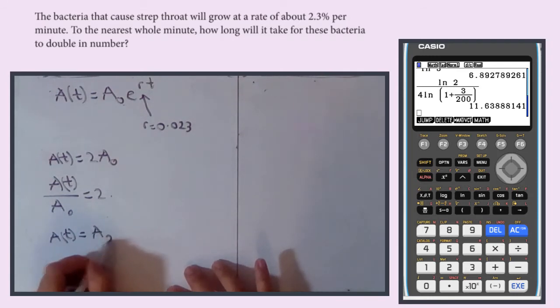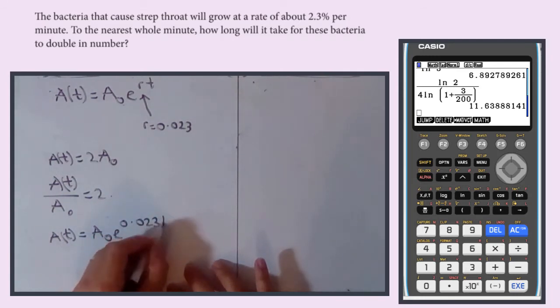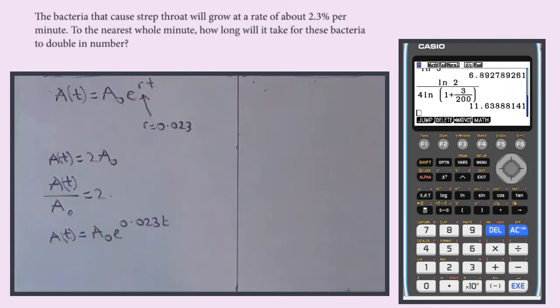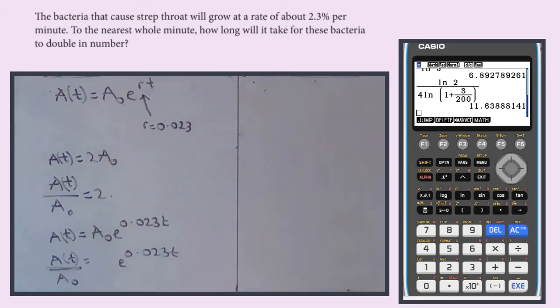So if we put everything in that we know, At equals A0 e to the 0.023t. Then if we just divide both sides by A0, that would be e to the 0.023t equals At, the amount of bacteria at any given time t, over the starting amount, as in the amount of bacteria at time 0, at the initial beginning of the growth.